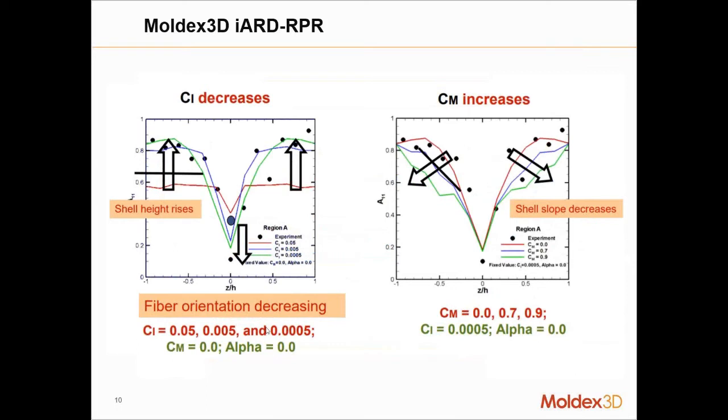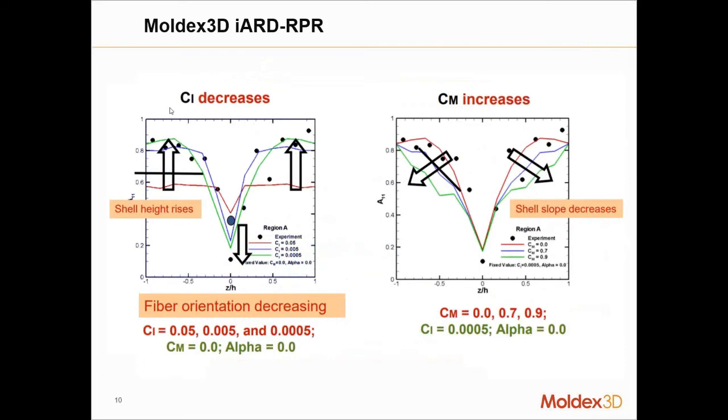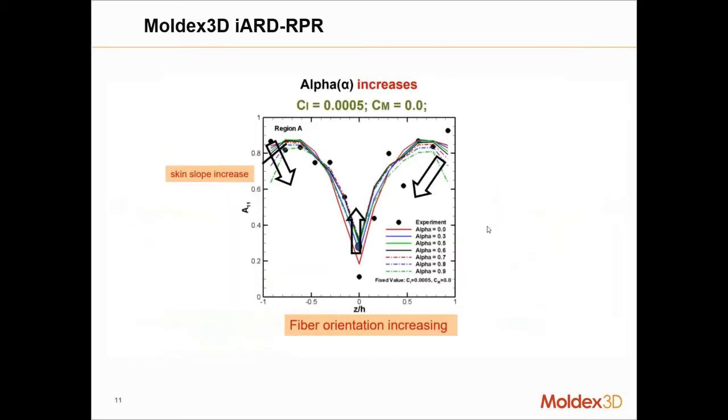So again, I'm not going to get too far into this because it does get quite complex quite quickly, but looking at the three different coefficients, we have Ci, Cm, and alpha. Ci allows us to control the shell height. So as we decrease the Ci value, the shell height increases. As we increase the Cm, we actually get the slope to decrease, so we can control the height of this shell and the slope of this shell, which can be quite sensitive in the simulation.